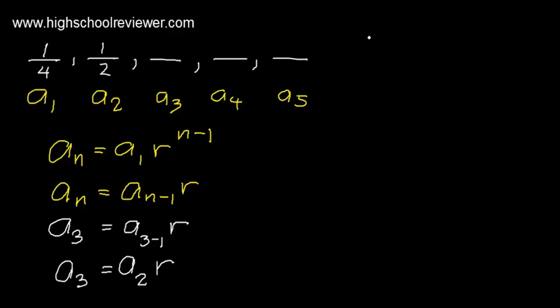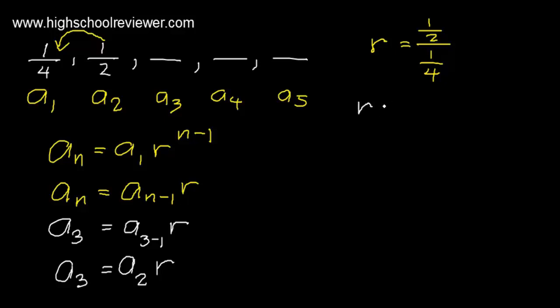And to find r, what will be our formula for r? So r is just the ratio of 2 consecutive terms. So we have here consecutive terms, 1/2 and 1/4. So we will just divide. So 1 over 2, this will be divided by 1 over 4. Okay, so let's divide this.